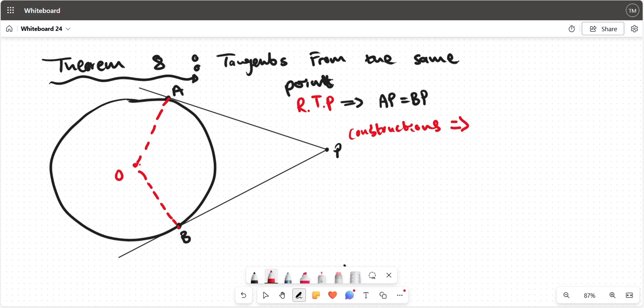And we're gonna construct this other line that cuts right in the middle all the way to P. So we're gonna construct OA and OB and OP. Those are the lines that I'll be constructing onto the picture.